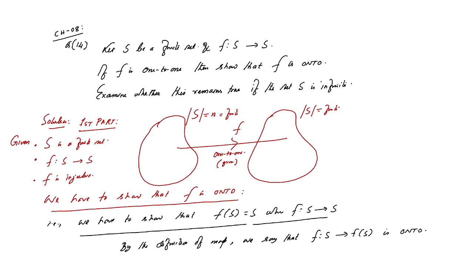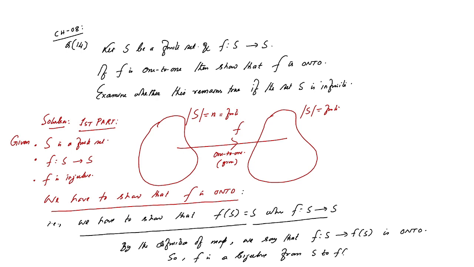If S to S may not be one-to-one, that we don't know, but okay, we can say if S to Fs is one-to-one, that we can easily say. So since F is injective and if S to Fs is surjective, so what do we conclude? F is a bijection, F is bijective from S to Fs.